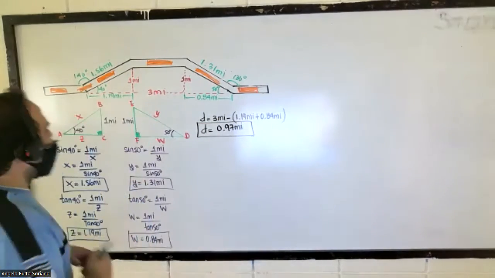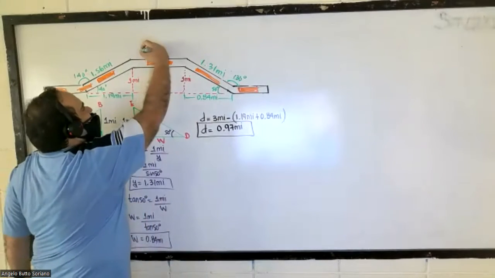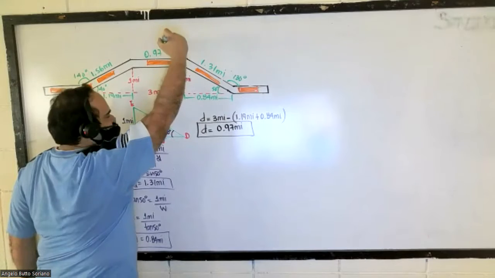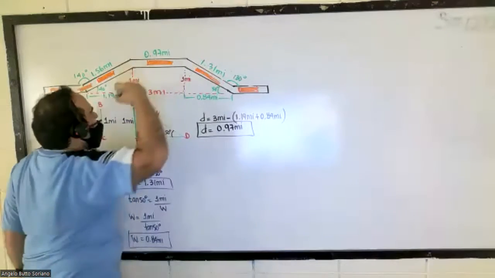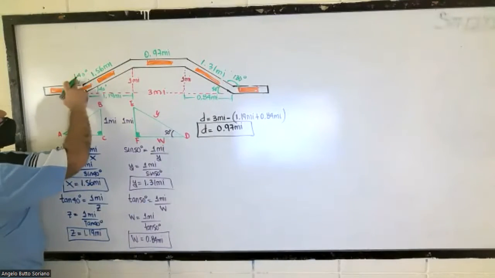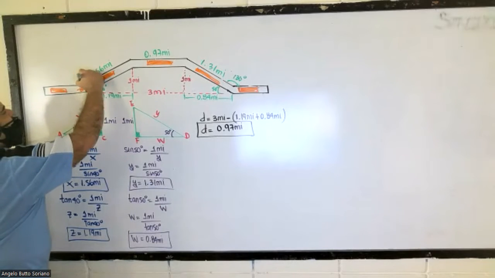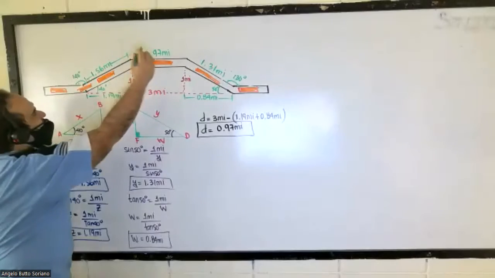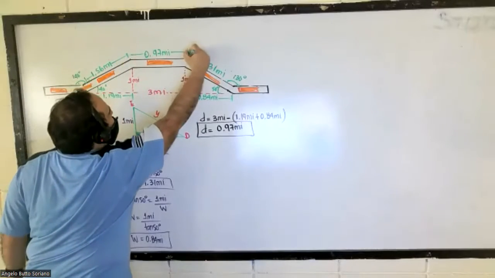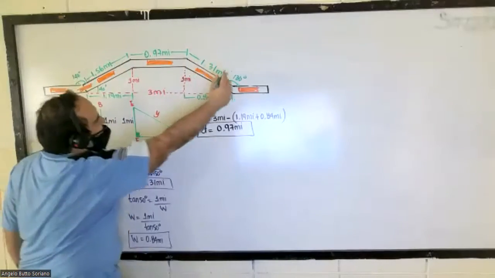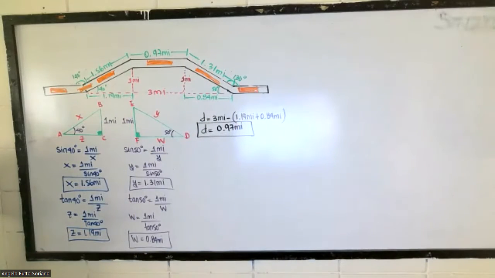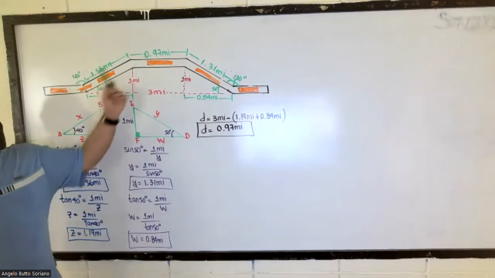In simple words, I'm going to put this one 0.97 miles. Okay, let me fix this one. 140 degrees. All right, this is 0.97, and this is going to be 1.31. But the question is, they're not asking for the distance of this one, that one.